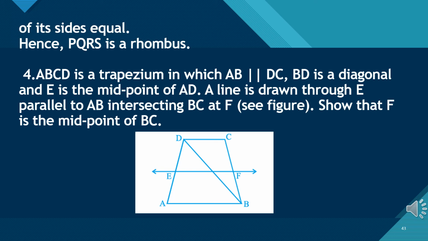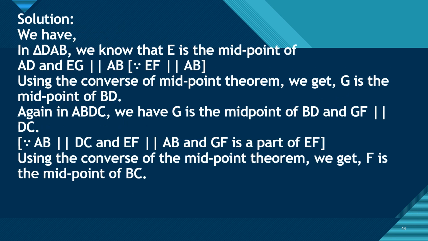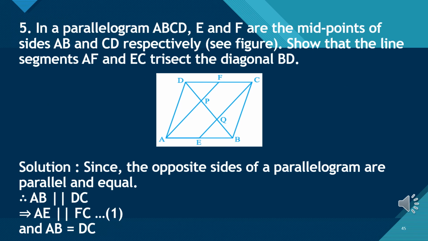R and S are the midpoints of BD and AC respectively. Part 2: in triangle ABC, P is the midpoint of AB and Q is the midpoint of BC. Therefore PQ equals half of AC and PQ is parallel to AC, equation number 2.